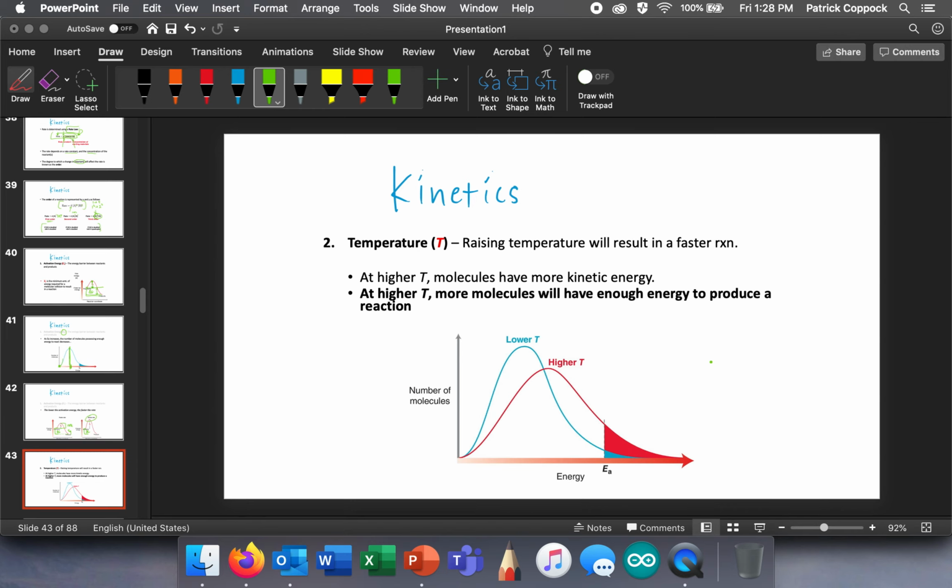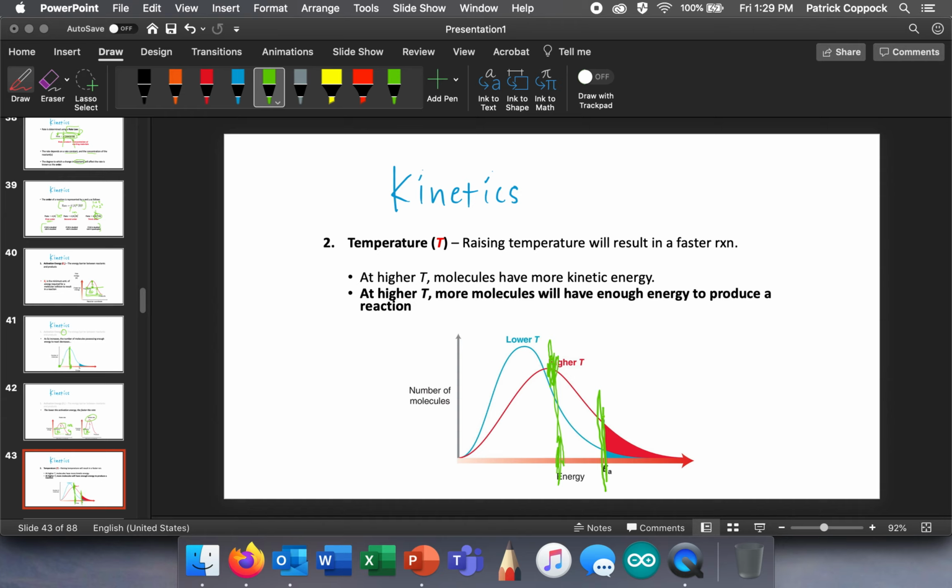Okay, now temperature affects the rate because as temperature goes up, we have a larger number of particles that have a higher energy, right? As the temperature goes up, this Boltzmann distribution is going to get skewed to the right, and there are going to be more particles that have enough energy to get over the activation energy, where this here is arbitrarily set just as an example.